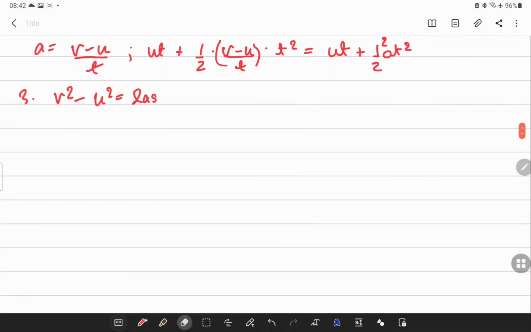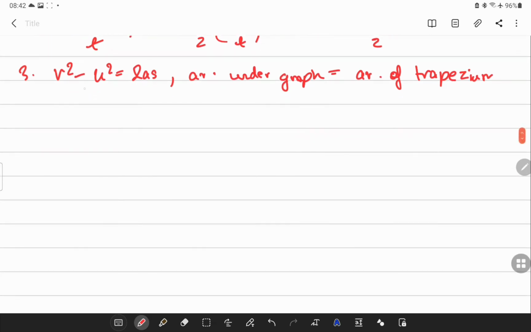So area under graph is equal to area of trapezium. Some might be thinking, why are two formulas used? Well, they give two different expressions. Area of trapezium is half into the sum of parallel sides into height.